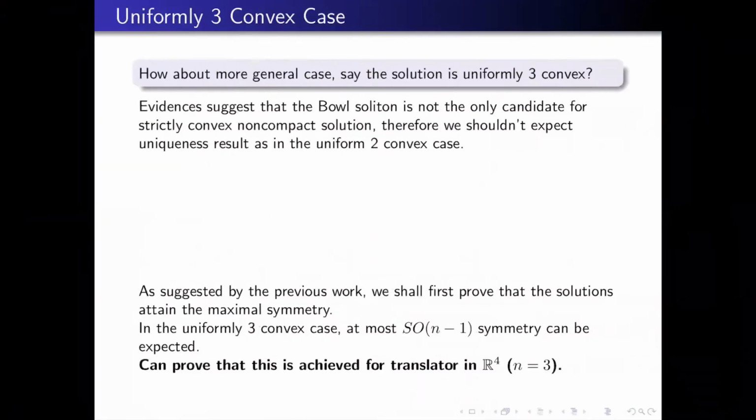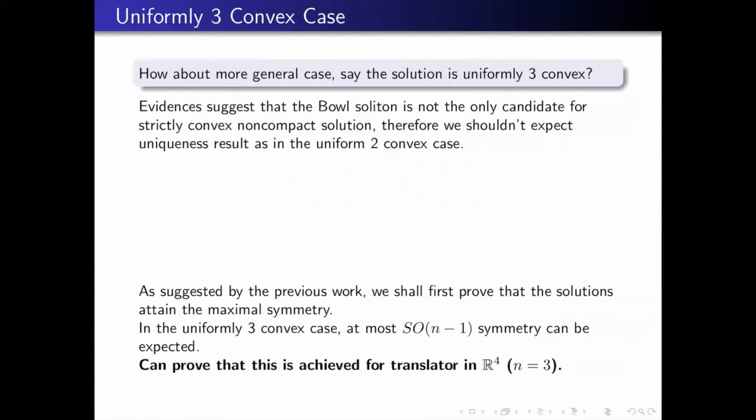Given this promising result, we want to ask what happens in a more general case. Let's say the solution is uniformly 3-convex. It turns out that the picture could be much more complicated. First, there is strong evidence that suggests the bowl soliton is not the only solution.